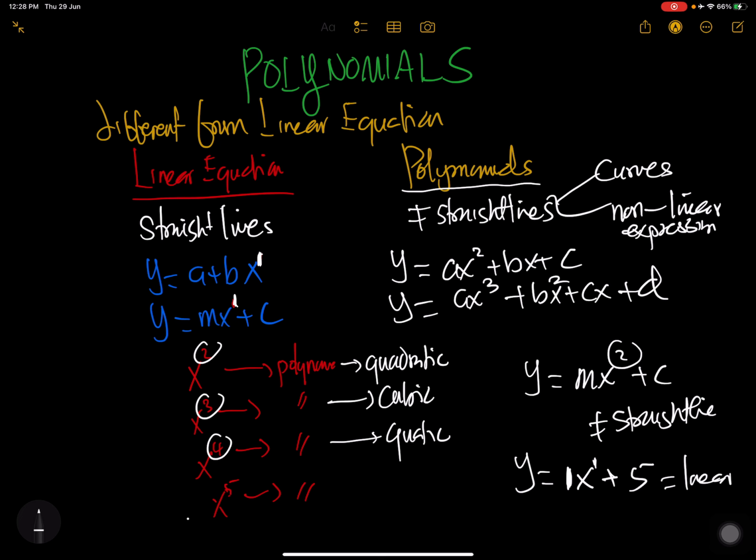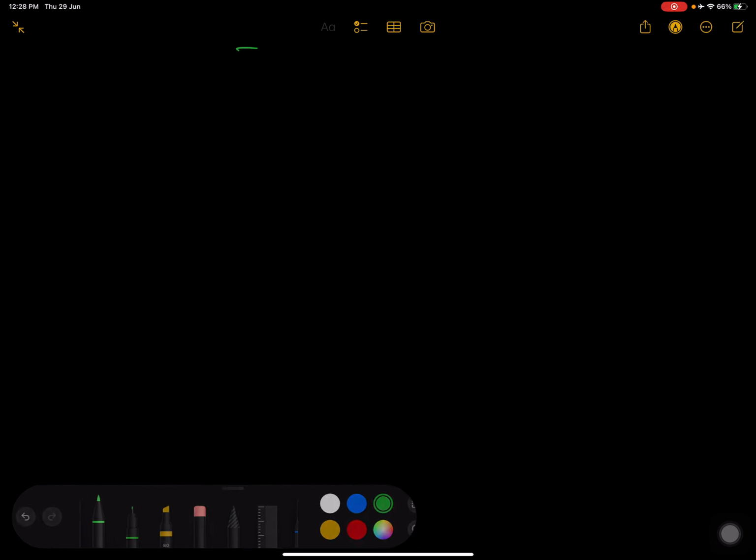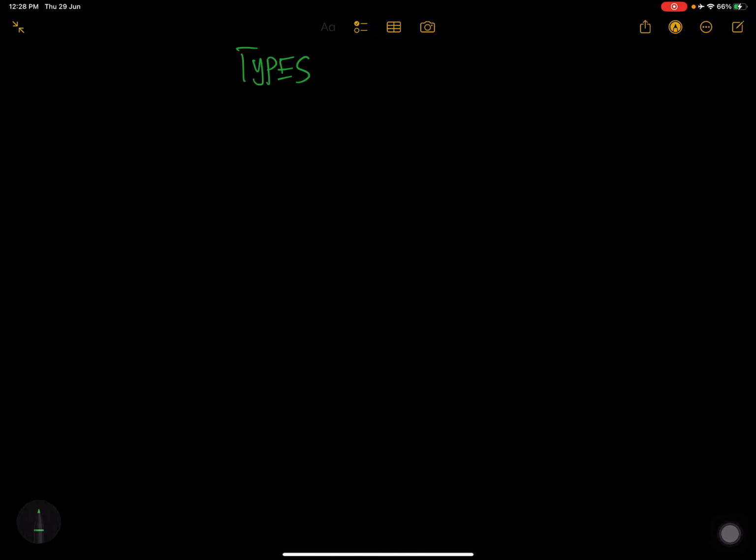We are going to move on to the nitty-gritty by looking at a quadratic, the first type of polynomial. So, the types of polynomials.